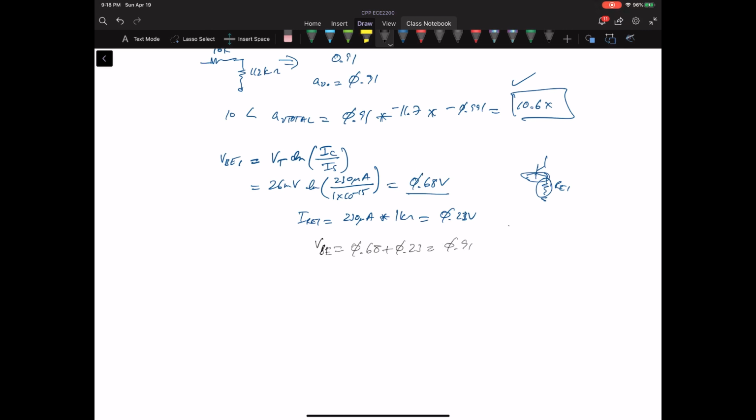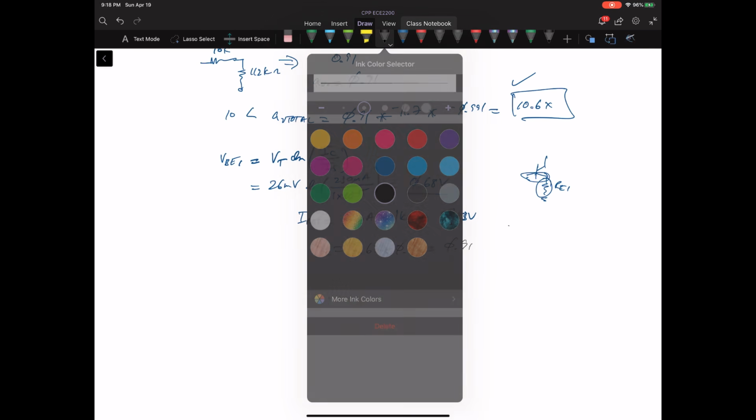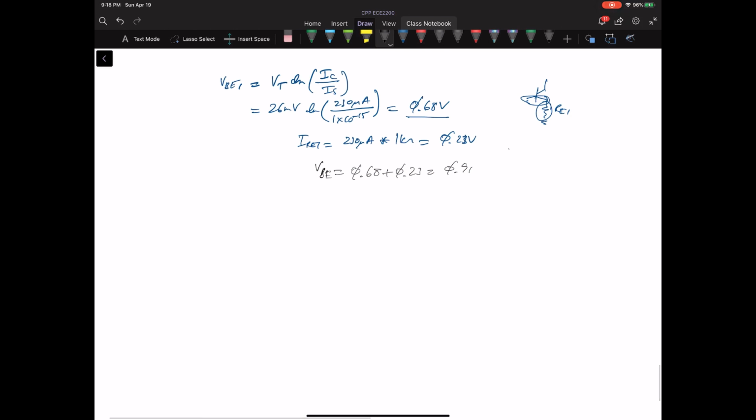Okay, so here is the total circuit. VBE is 0.91. Then we've got a 10K ohm, and one bipolar transistor. VCC is 5 volts.